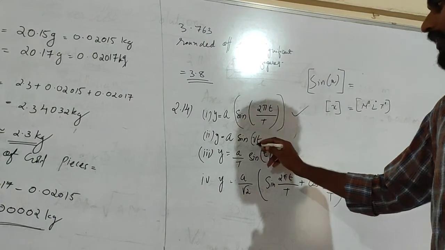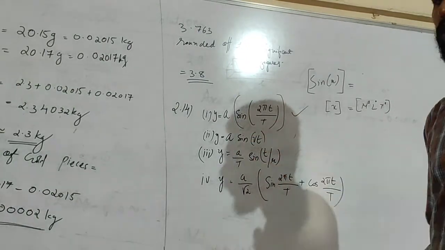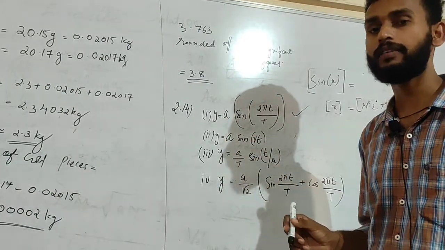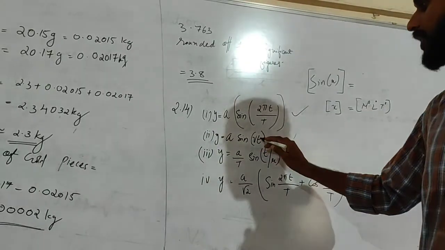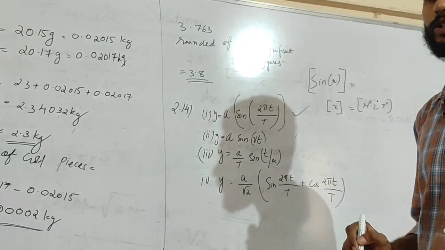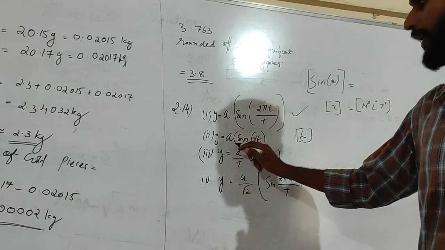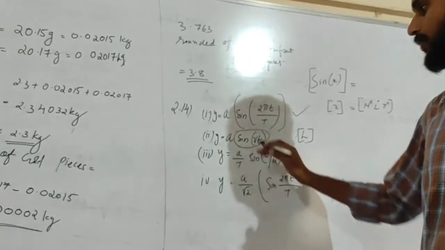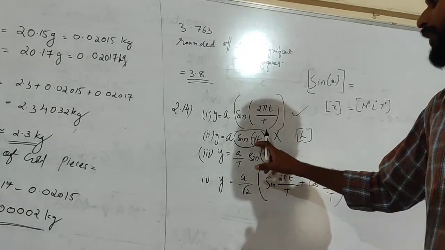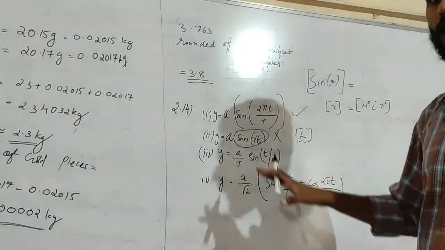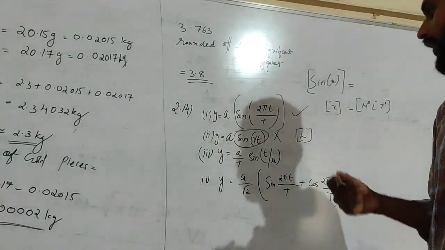I have already told you that if you are applying a trigonometric operation, the value should not have any dimensions. But here the velocity into time has the dimension L. So, by considering this itself, the equation is false, because the quantity to which you are applying the trigonometric operation should not have any dimensions.